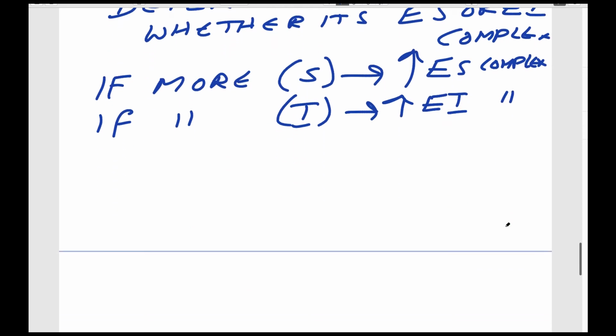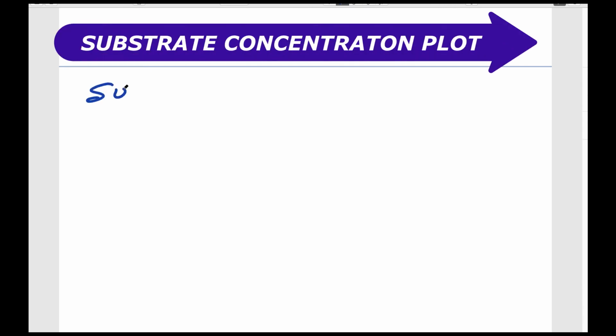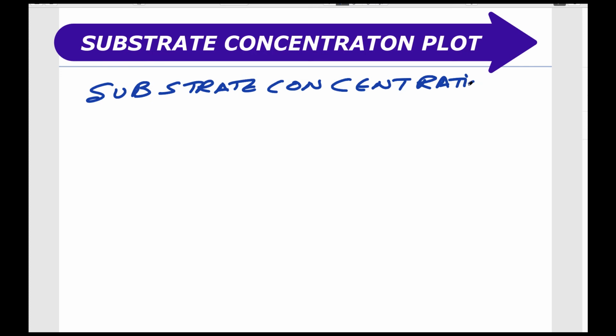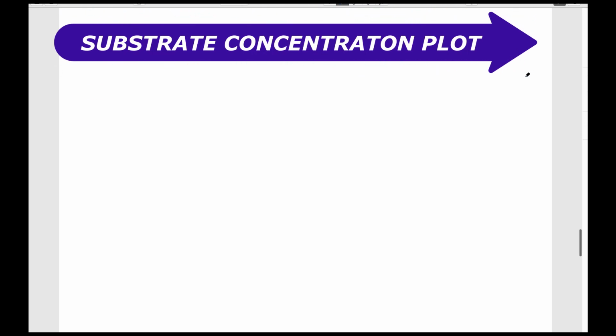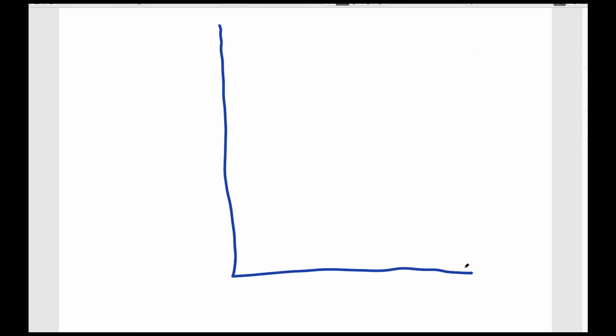Let us see the substrate concentration plot. Let us draw the substrate concentration plot, how the substrate and inhibitor show. This is reaction velocity.